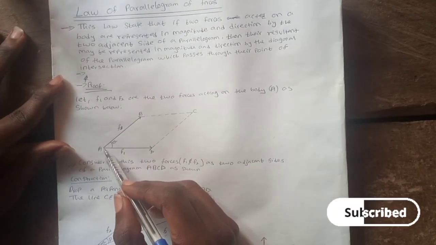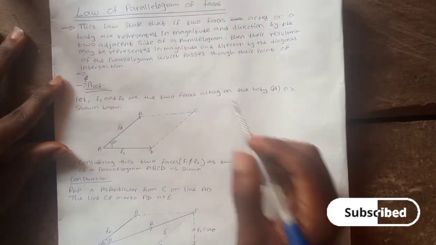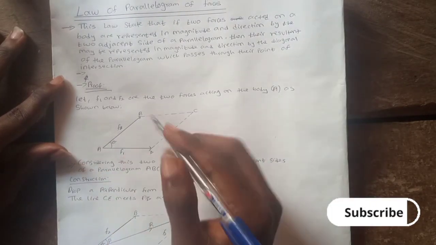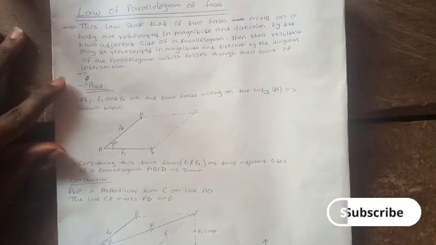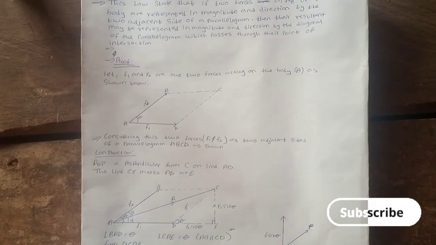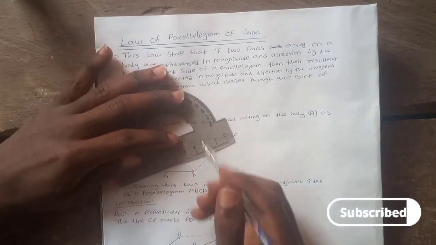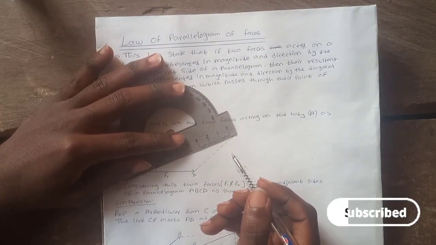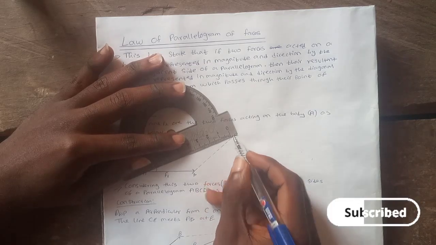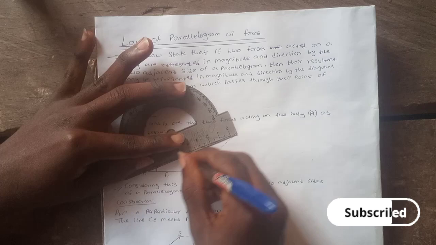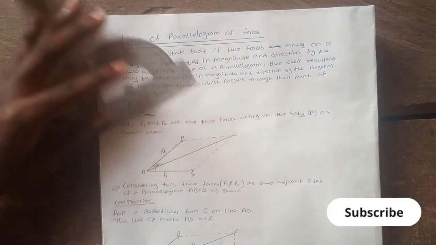So this is the point of intersection here. The resultant is represented by the diagonal, so this will be the diagonal.